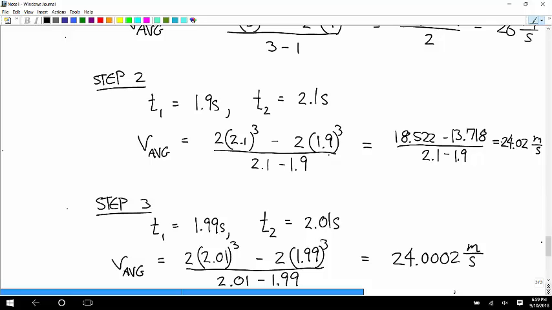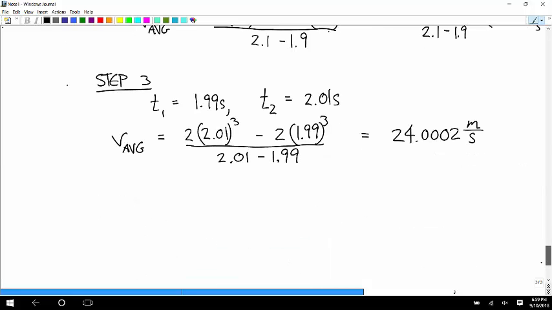And it appears that we started somewhat near 24 and little by little are getting closer to it. And it turns out that 24 is the instantaneous velocity for this position function. So the instantaneous velocity at 2 seconds is 24 meters per second.